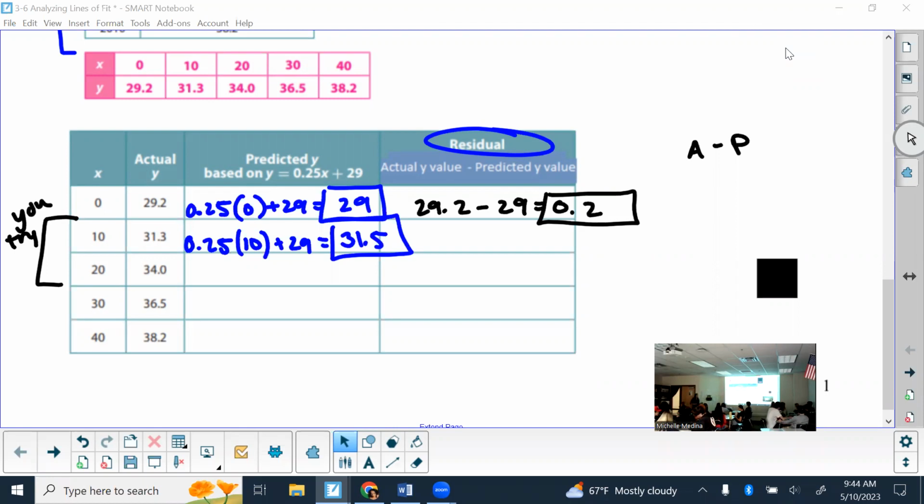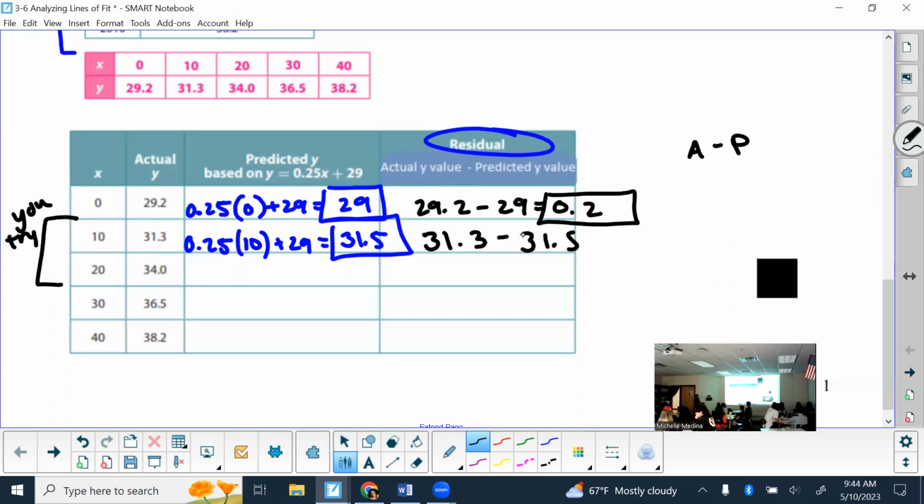Where is it actually? Table 3, where's my data actually at for row 10? 31.3. So then when I'm calculating my residual, I should be subtracting 31.3 minus 31.5. So then table 3 with my residual.